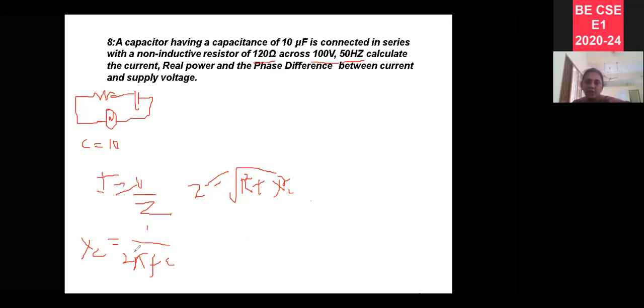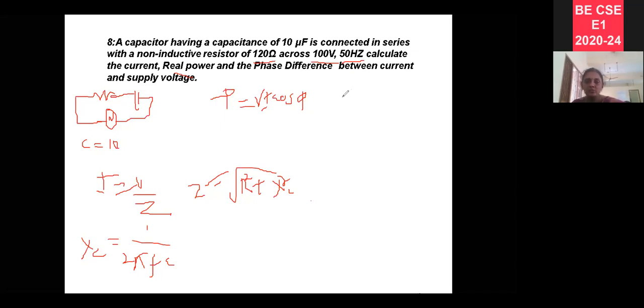After calculation of impedance, they have asked to calculate the real power. Now, real power, what is the formula? P is equal to VI cos phi. Now, cos phi you know, right? How to calculate cos phi?